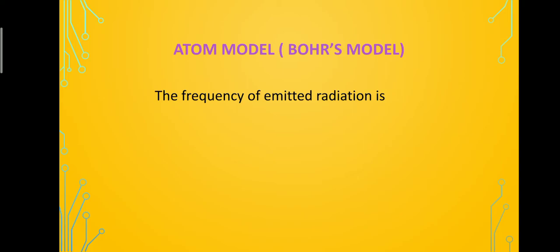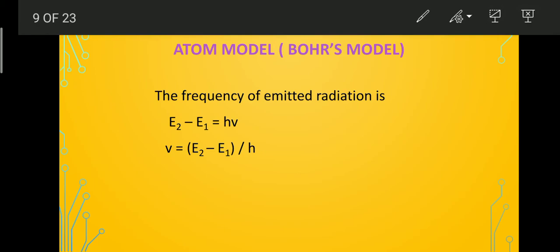And the frequency of emitted radiation can be calculated. When the electron travels from a higher level to a lower level, it will emit radiation which equals h nu, where nu is the frequency, and this can be given as nu is equal to (E2 minus E1) by h. h is Planck's constant, and it is a constant value.